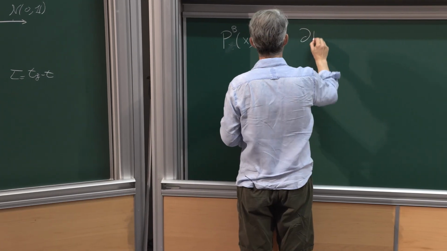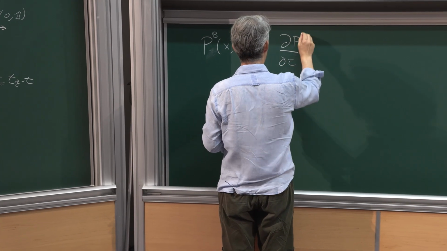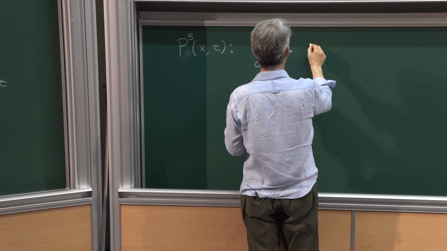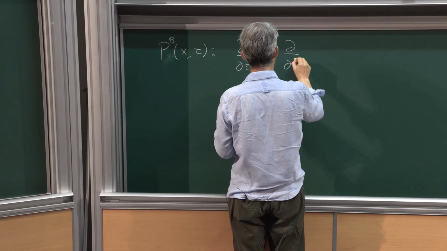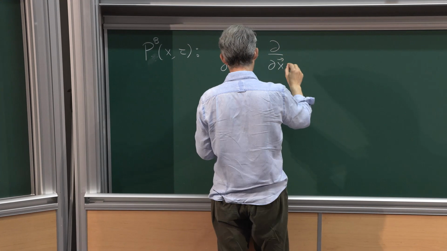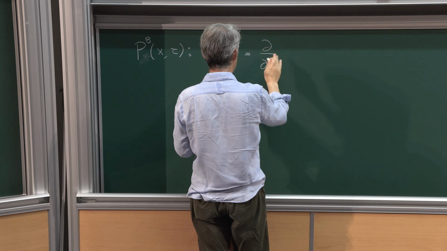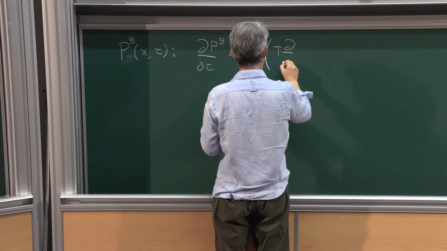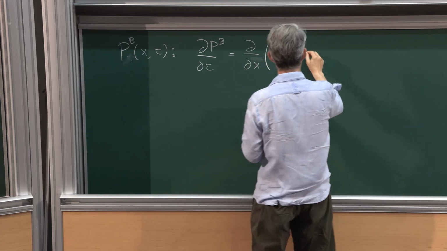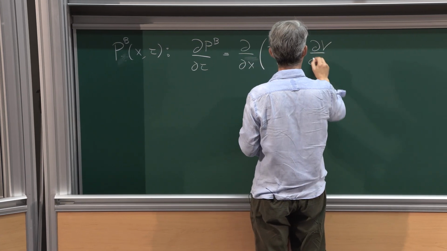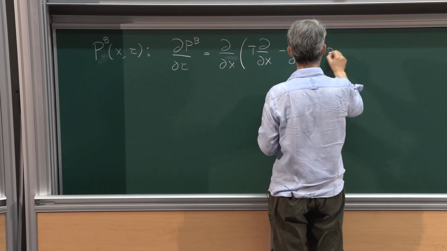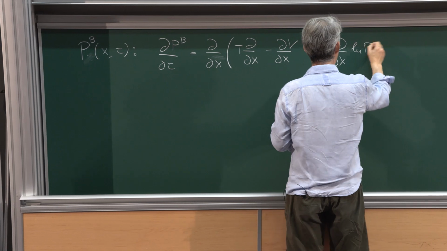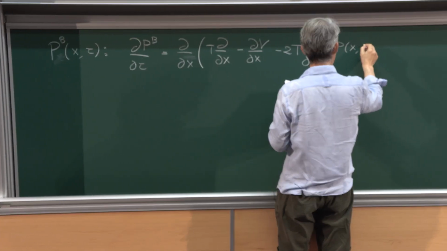It is going to be d tau of P backward equal to, let me do it in one dimension because it's the same, so it's simpler, dx of T dx, and then I have minus dV dx, and then minus twice the temperature, and then the derivative with respect to x of log of p of x and t.